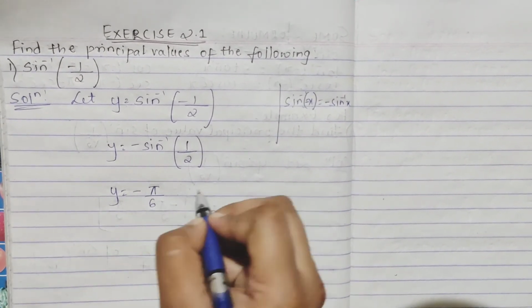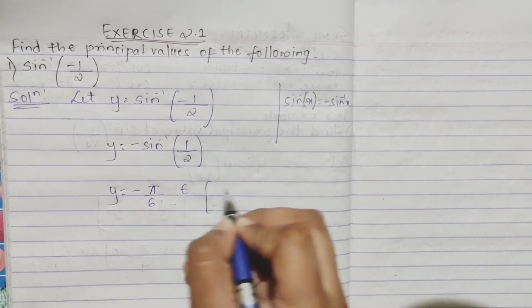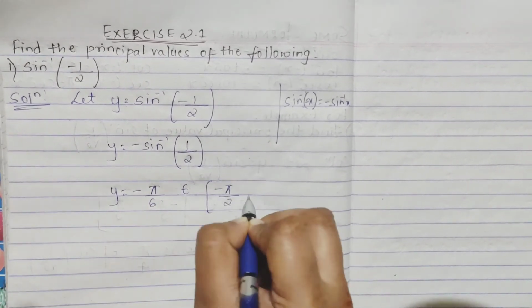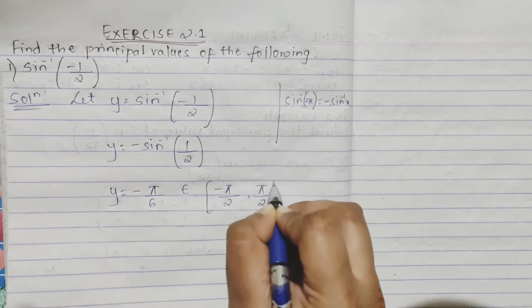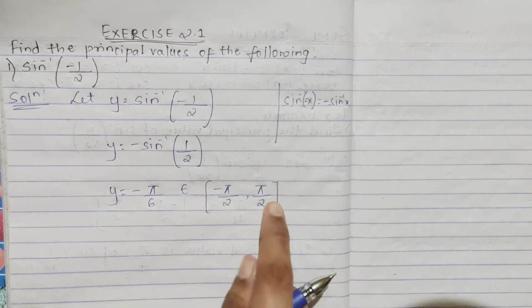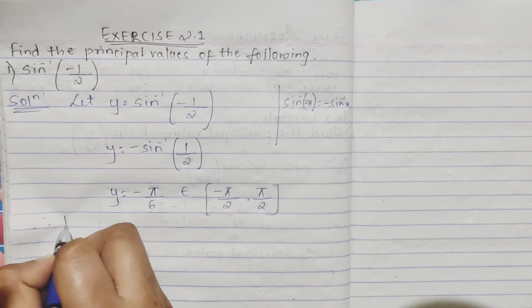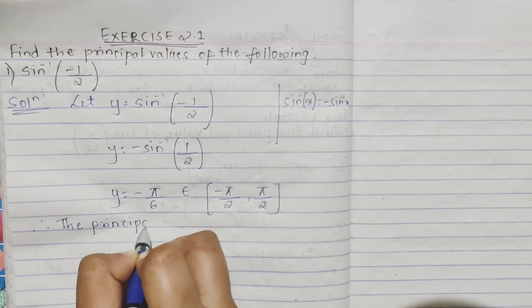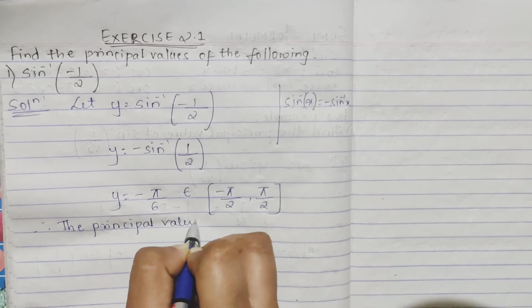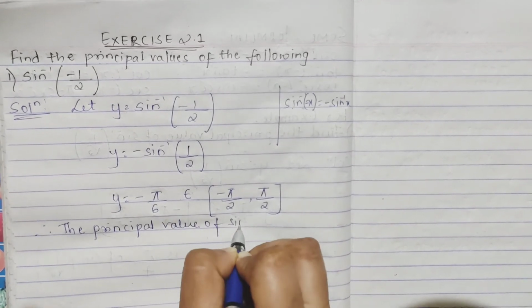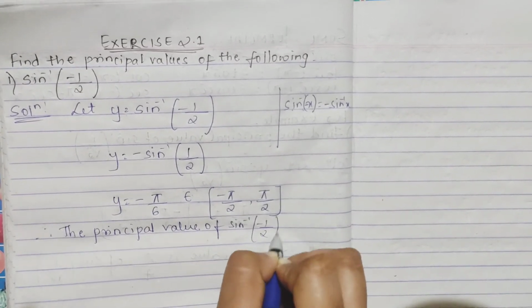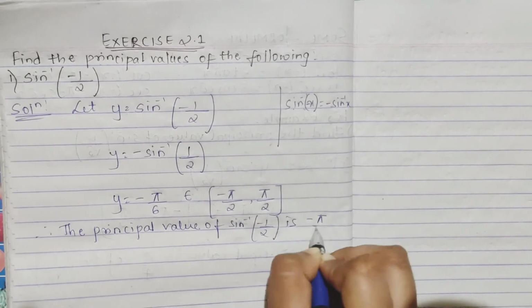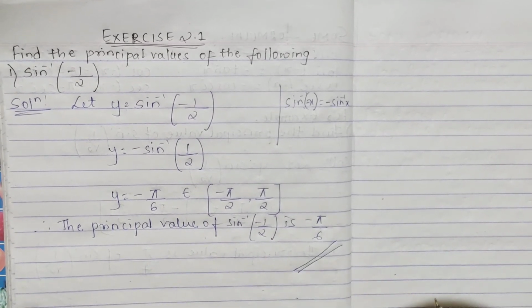So this becomes minus pi by 6, and obviously minus pi by 6 lies between the range, that is minus pi by 2 to pi by 2. So therefore the principal value of sine inverse of minus 1 by 2 is minus pi by 6, okay.